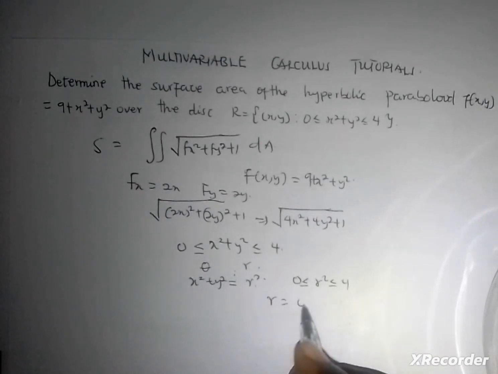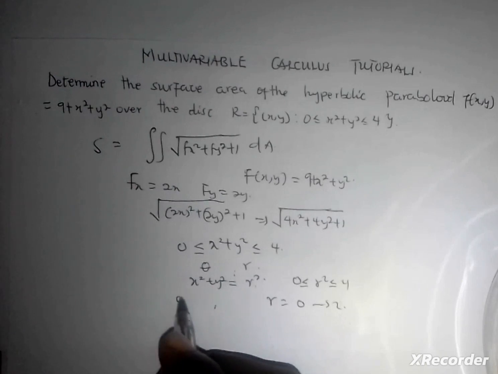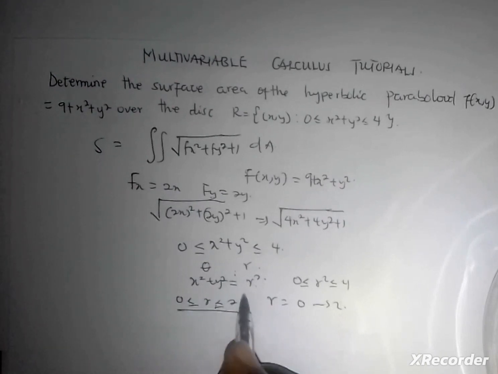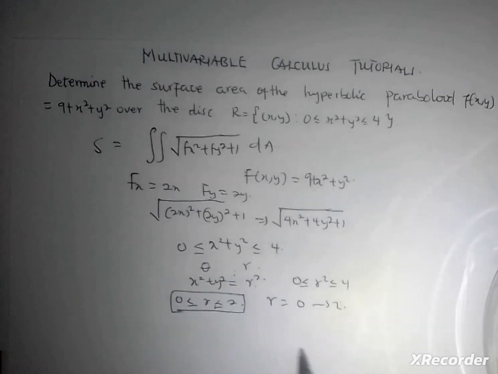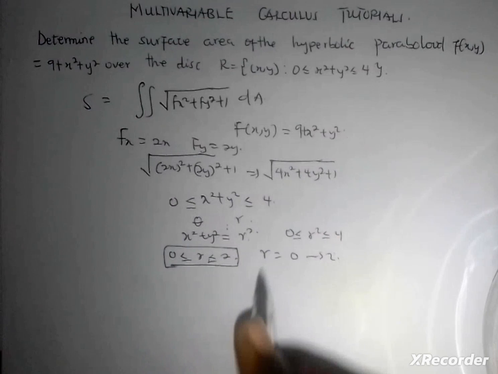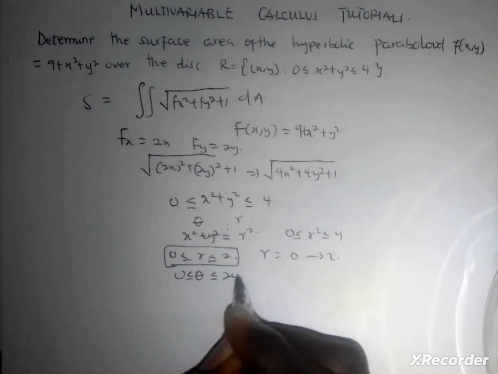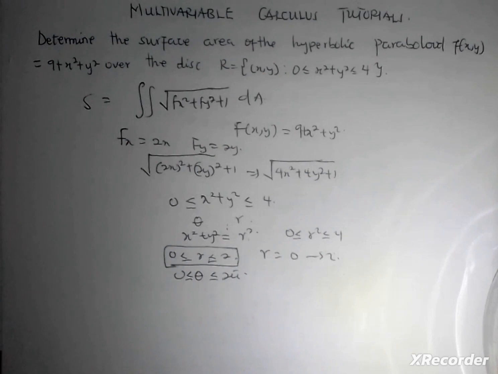Hence our radius will be from 0 to 2, so 0 less than or equal to r less than or equal to 2. This becomes our boundary for the radius. Since it's a complete disk, theta is greater than or equal to 0 and less than or equal to 2 pi. We have our limits converted into polar coordinates.